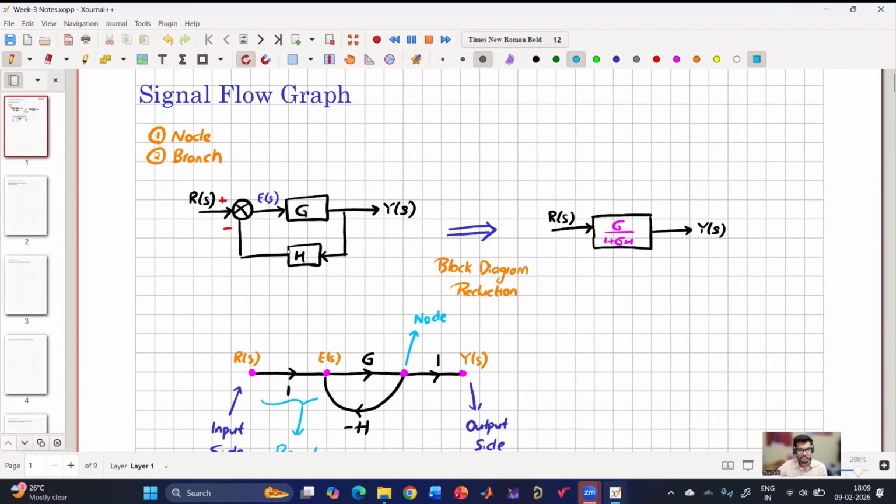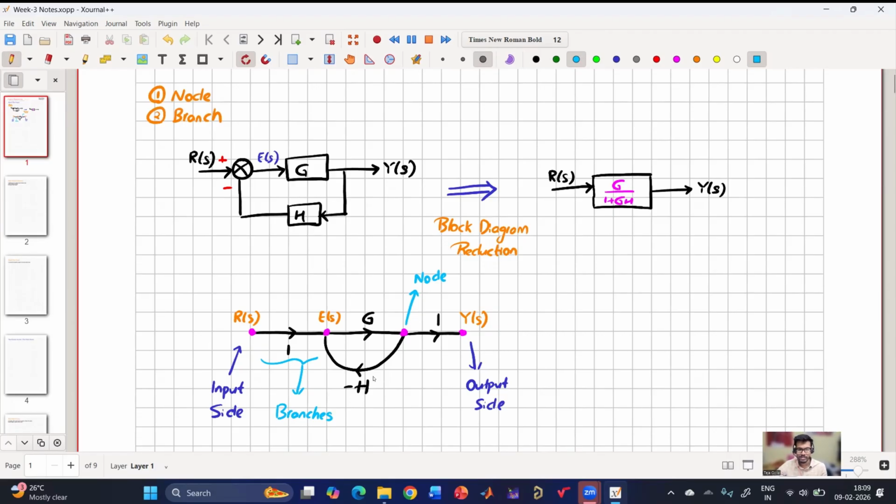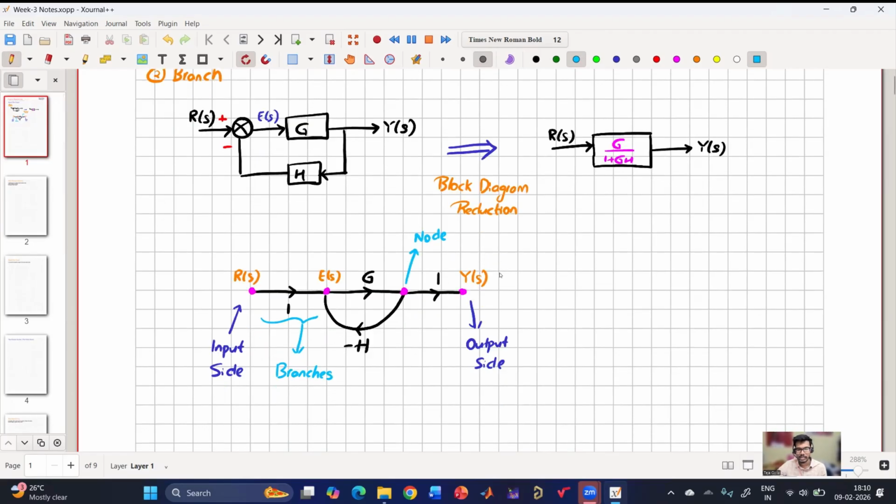And then the gains or the path will become the branch. Direction consists of which signal to which signal it is going. Also it consists of the gain. Because this is a negative feedback, I have incorporated the gain in minus H itself, because here there are no summers. So the gain itself will have the positive and negative information. Is that clear?